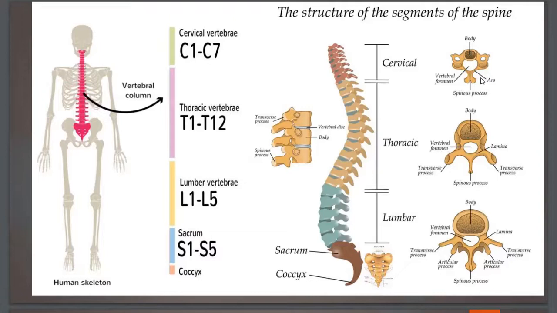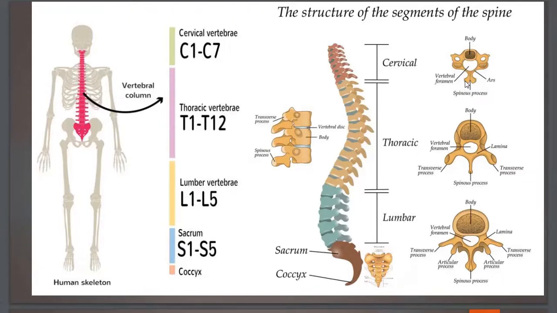Such a hole we do not find in the transverse processes of the remaining vertebrae. So the presence of the hole in the transverse process is the specific feature of cervical vertebra. We know this is the spinous process, and in the cervical vertebra the spinous process is bifid. Bifid spine we will see.